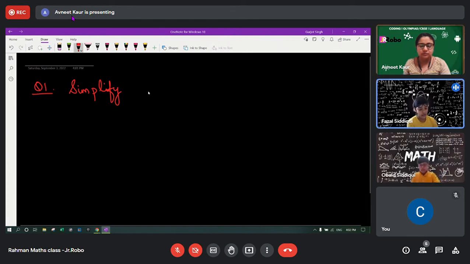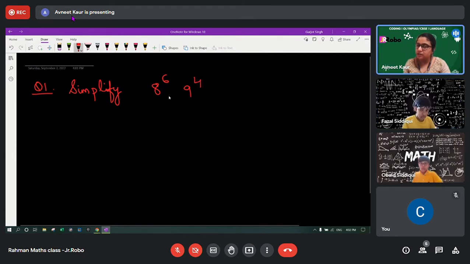3 raised to the power of 6 and 9 raised to the power of 4. Should I put a multiplication sign in between? Yes. That's the question. Okay. So first of all, it is giving you 3 raised to power 6 and 9 raised to power 4. That's a very huge number.